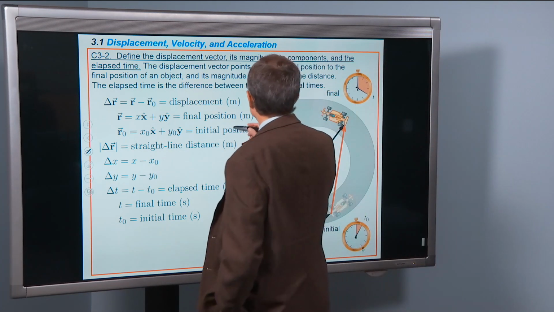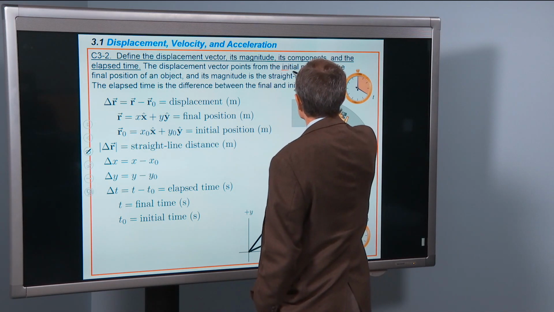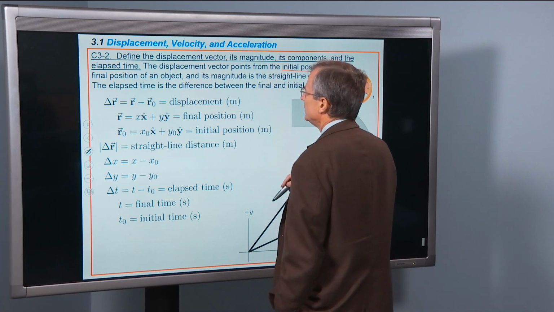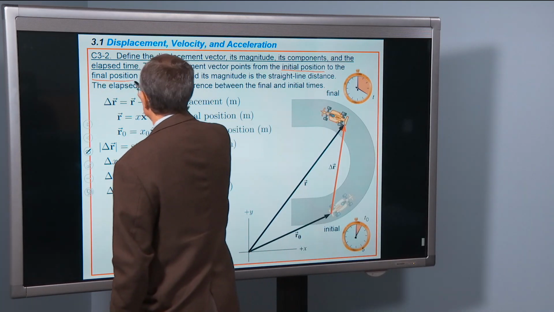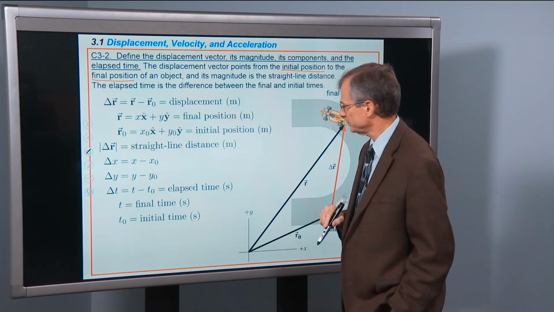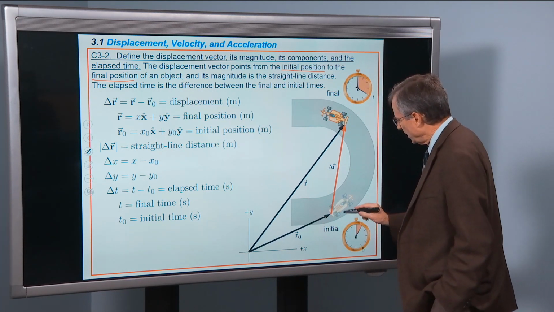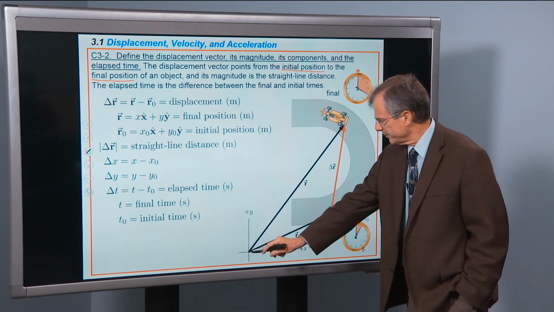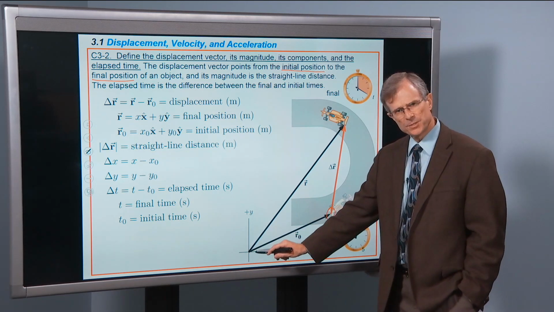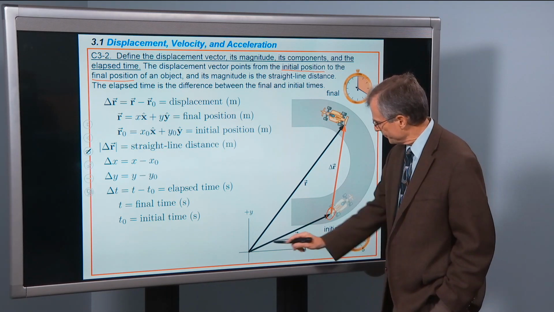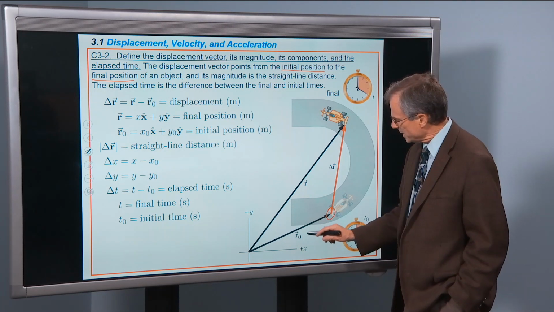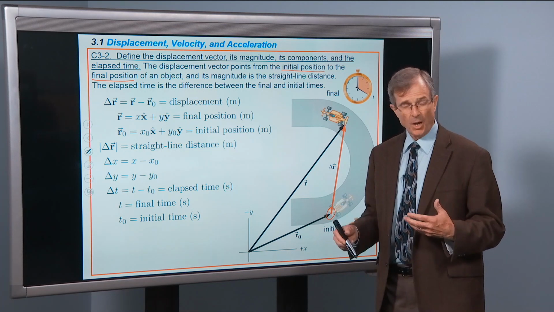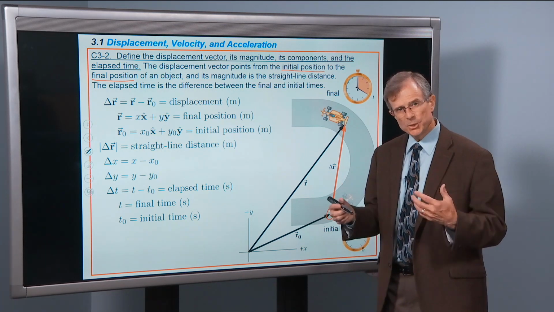The displacement vector points from the initial position of an object as it moves around through space to the final position of the object. So for example, if we have an initial position of this race car here, given by this position vector r naught. So we use the subscript 0, we call it naught, and it almost always means initial position.